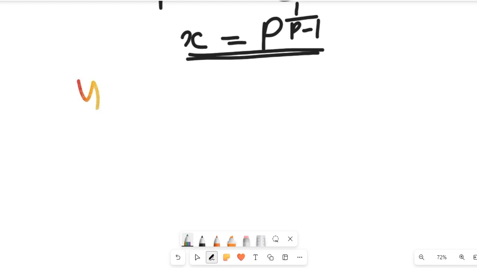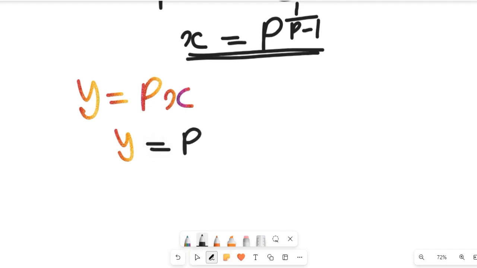So y, we said earlier on, is equal to p multiplied by x. So if y is equal to p multiplied by x, the value of y will now be equal to p multiplied by p to the power of 1 divided by p minus 1.